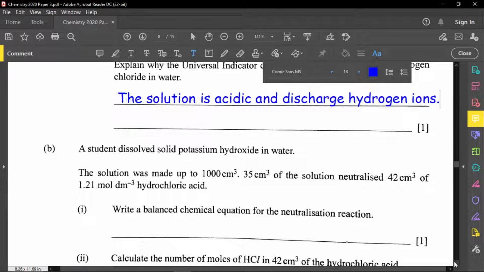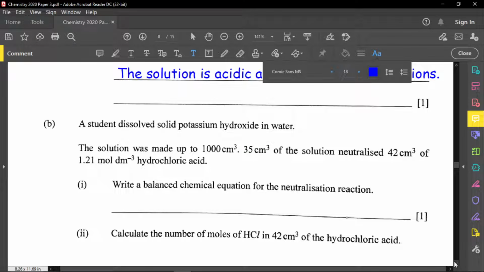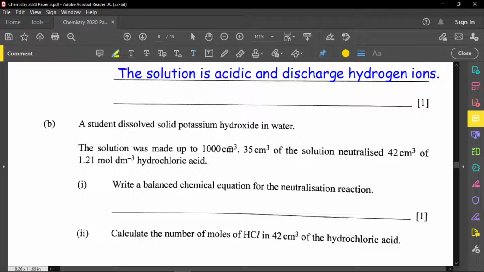Now for part B, right there it said that the solution was made up of 1,000 centimeters cube. All right, so the entire solution is 1,000 centimeters cube. Let's just highlight that real quick. The entire thing is this volume, 1,000 centimeters cube. It's a 35 centimeters cube of the solution neutralized 42 centimeters cube of a 1.21 mole per dm cube of hydrochloric acid.